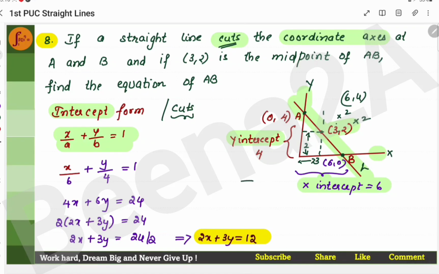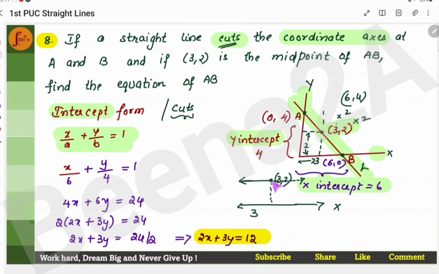Say you have this line, right? This is 3 and 2. This is the x-axis. This is 3 here. Now, this is the midpoint here. If this is the midpoint, then the actual value will be 2 times.